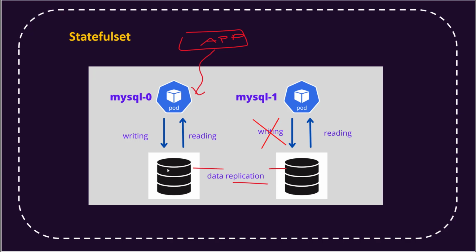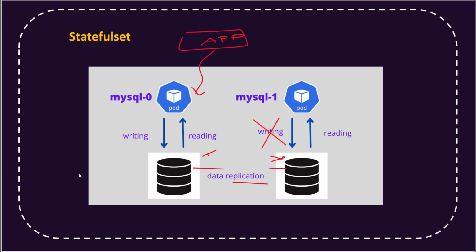Why? Because if it writes here once and another time writes here, from which database can the application then retrieve data? This is the main reason that we cannot use a deployment for a database.